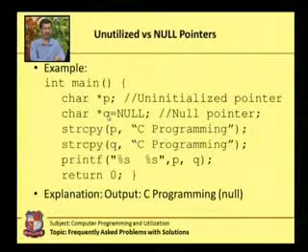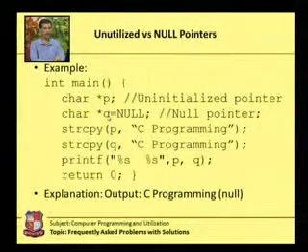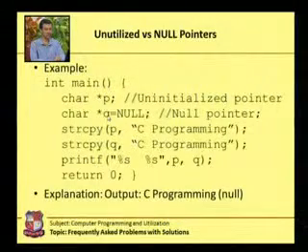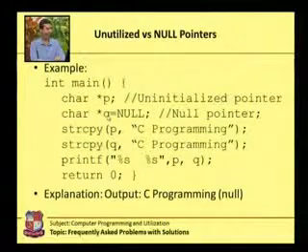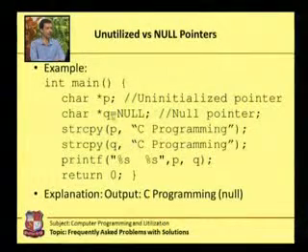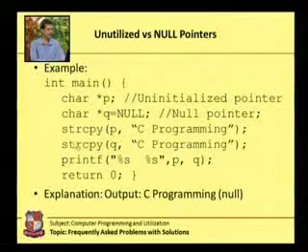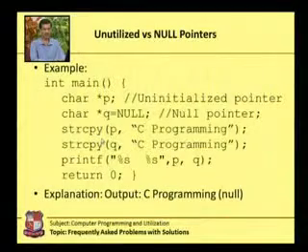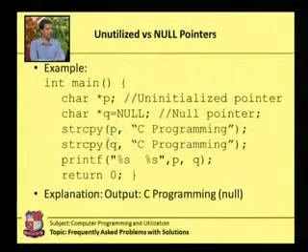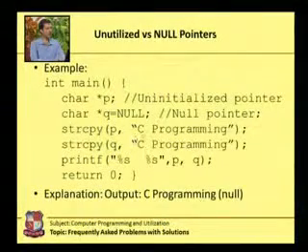A pointer should either be uninitialized, or initialized with some genuine address, or made null. But the second line is creating a null pointer. Now you know what the use of the strcpy function is. The strcpy function takes 2 strings and copies the second into the first. So I am taking p and copying "C programming" into that variable.